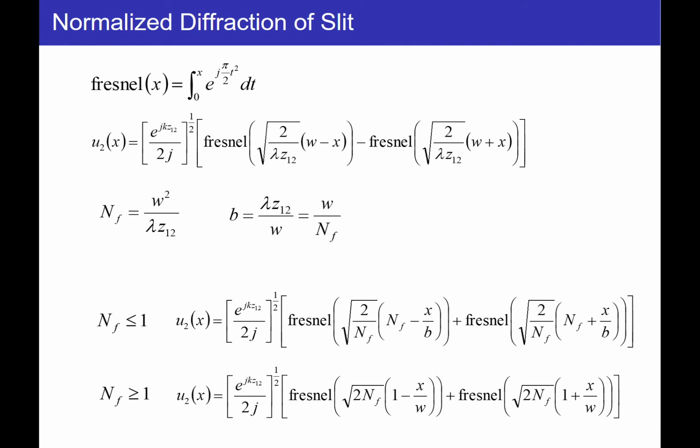So anyhow, what we are going to do is define the Fresnel integral x as this one, and then we know for the one-dimensional slit, once you know how to evaluate Fresnel functions, then we can find out the scalar field at the observation point. Here, the external parameters are like this. We know that this is the Fresnel number.